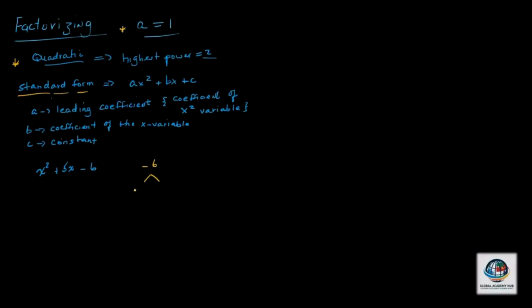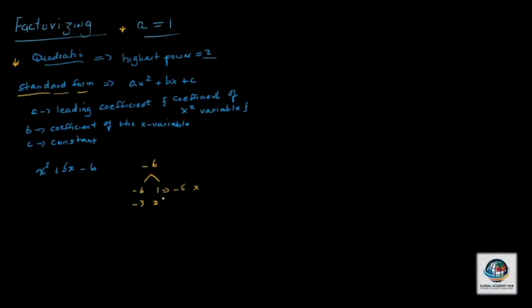So if I have minus 6 multiplied by 1, I will get negative 6. That means these two are factors. But when I add these two together, I get negative 5. That is not positive 5. That is not what I'm looking for. If I multiply negative 3 and a positive 2, yes, those are factors.